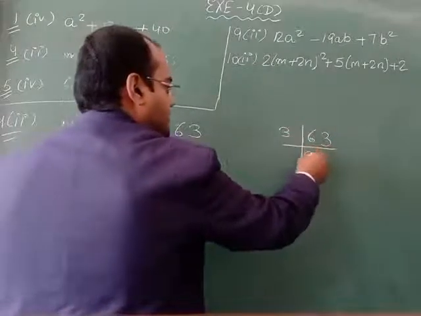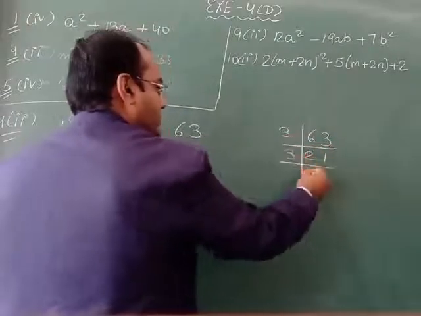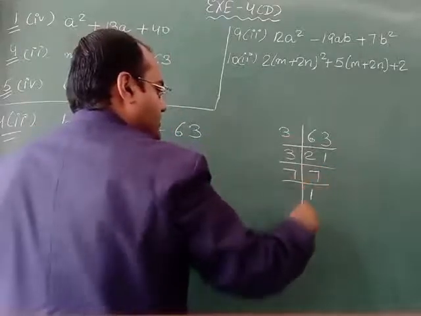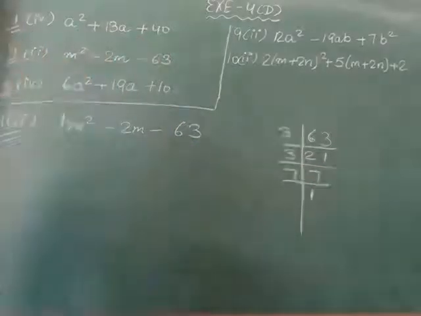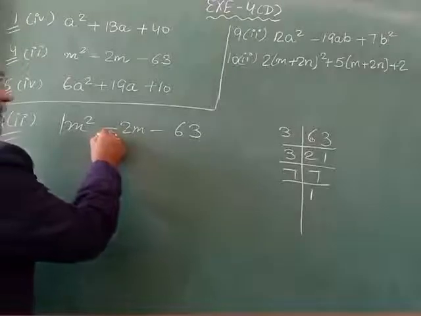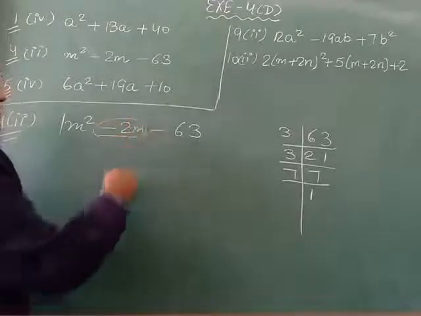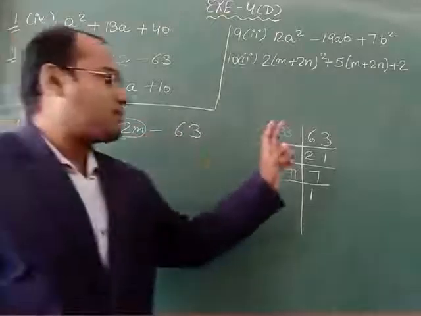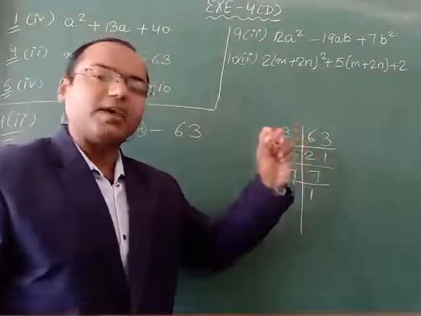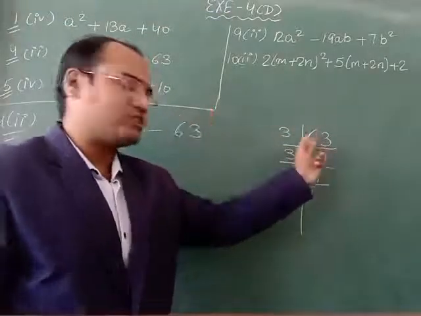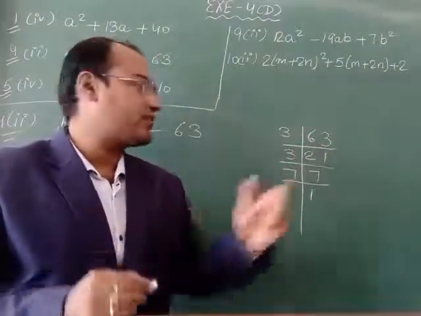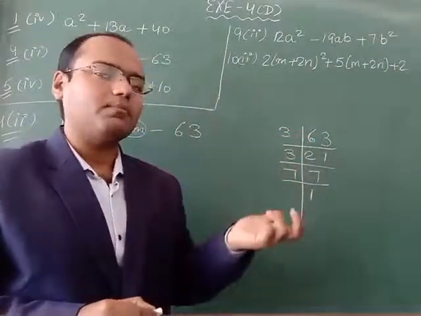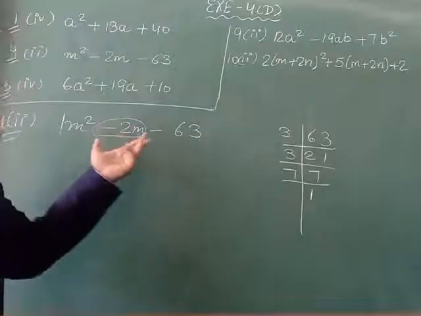3 times 2 is 6, 3 times 1 is 3, 3 times 7 is 21, 7 times 1 is 7. Now what is coming in the middle? Minus 2 is coming here. So we have to find the pair of factors of 63. Pair means two factors of 63 such that their product is 63 and their sum is minus 2.